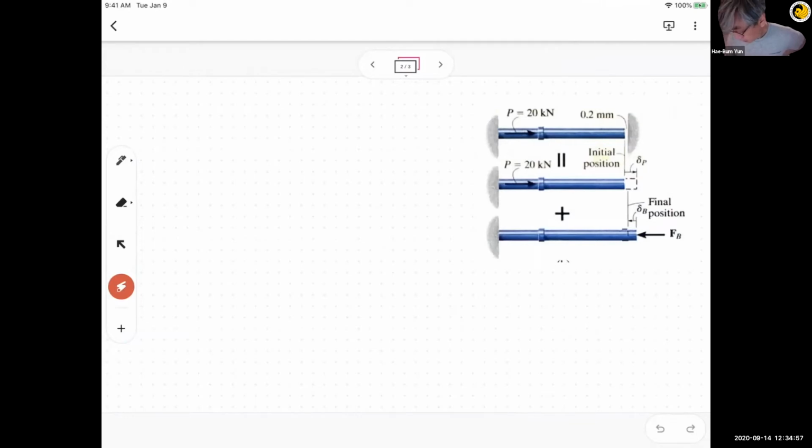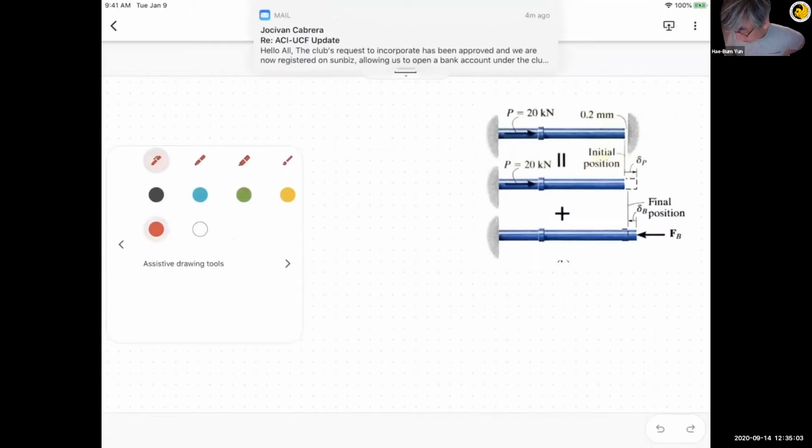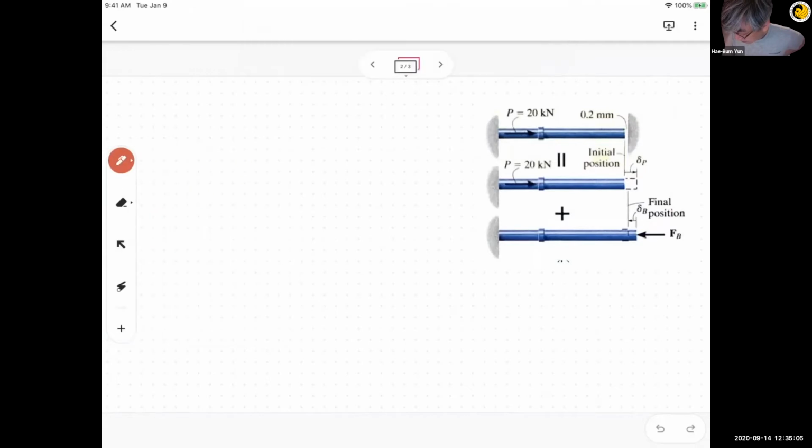So in this case, we have two reaction forces but only one equilibrium equation, so we could not solve it.